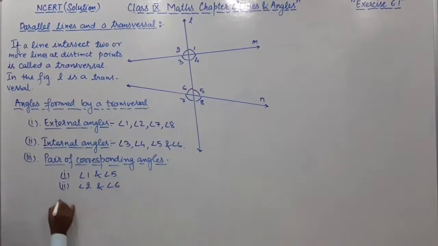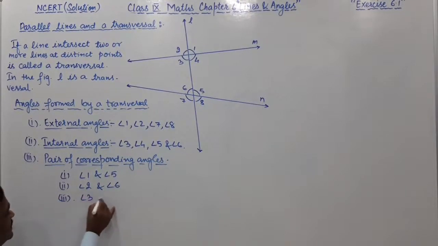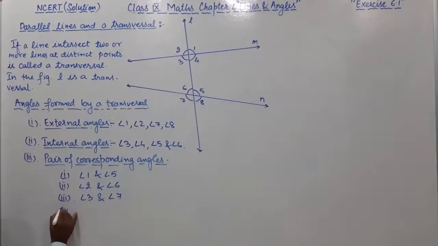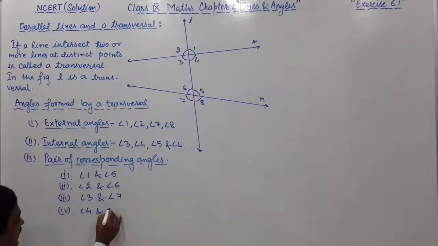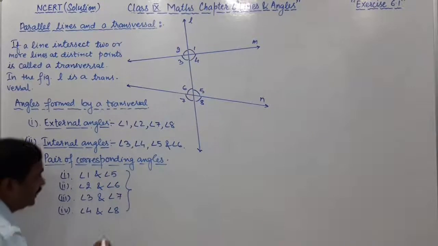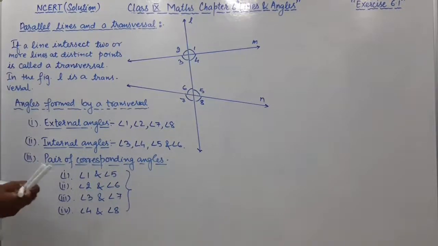They are corresponding angles. Third pair, angle 3 corresponds to angle 7, and the last, fourth pair is angle 4 and angle 8. These are the pairs of corresponding angles, right, students?